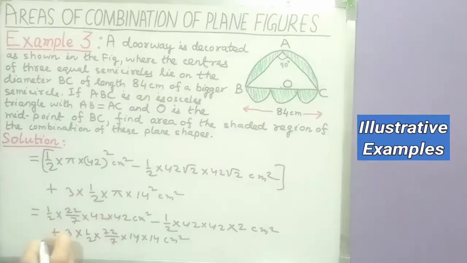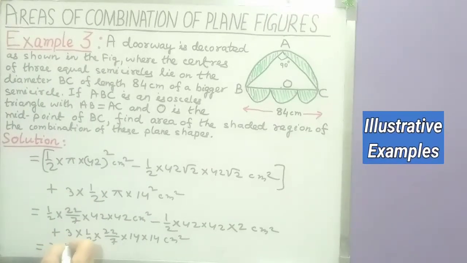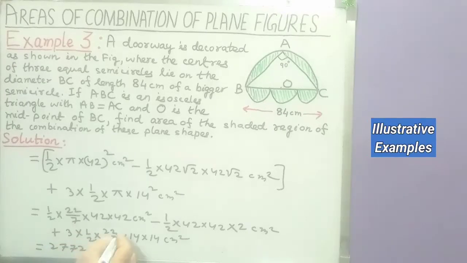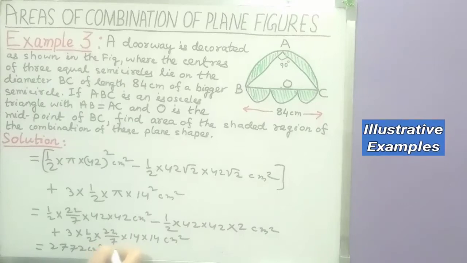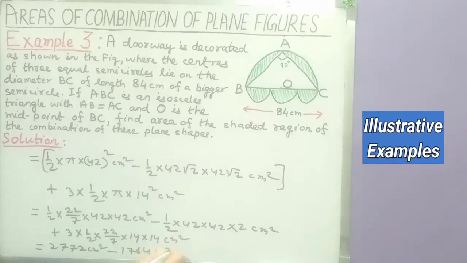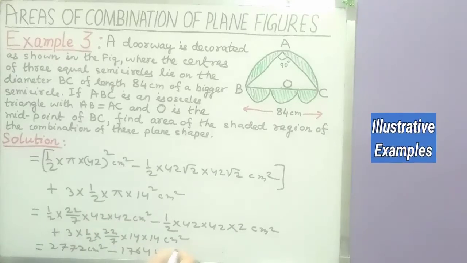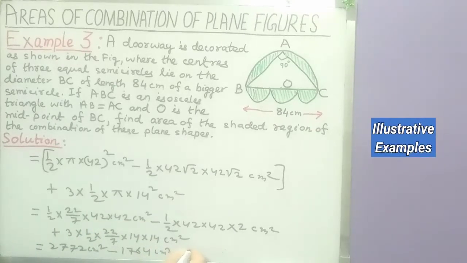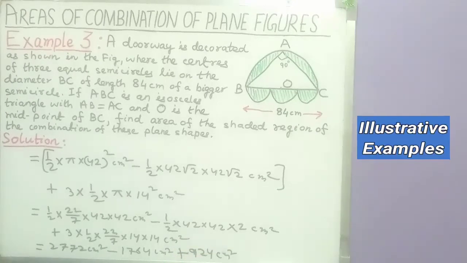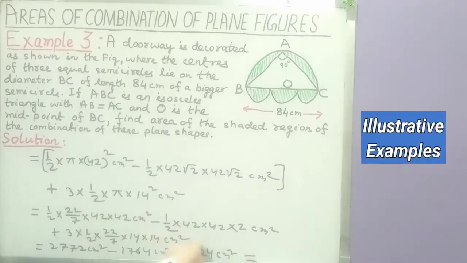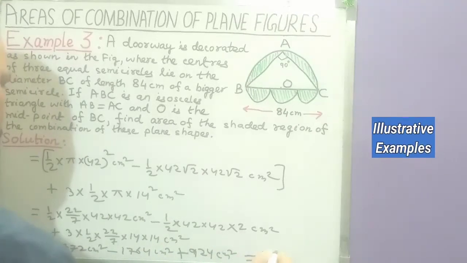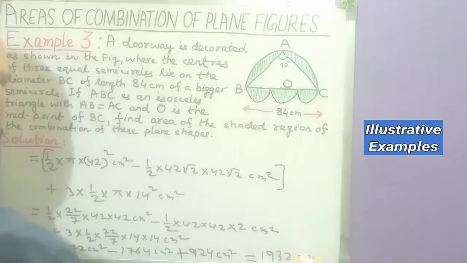On simplifying, we get 2772 centimeter square minus 1764 centimeter square plus 924 centimeter square. Simplifying further, we get 1932 centimeter square. That's your answer.